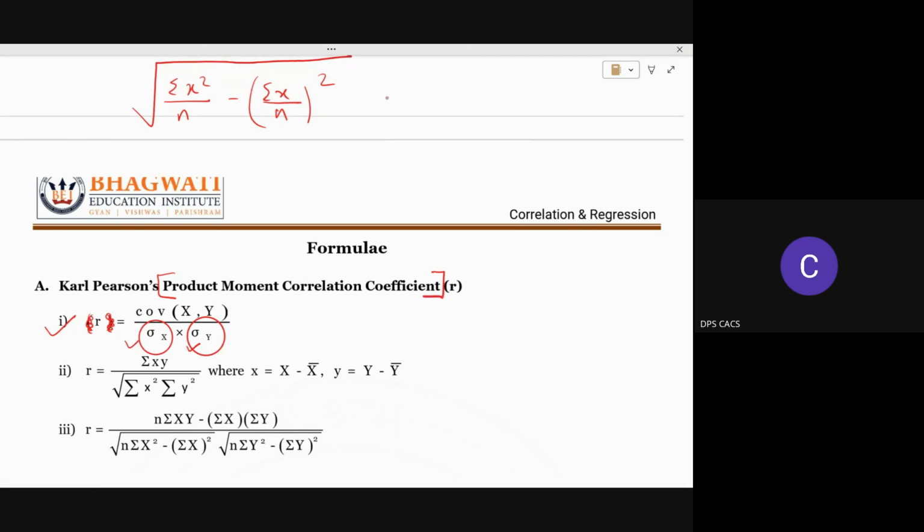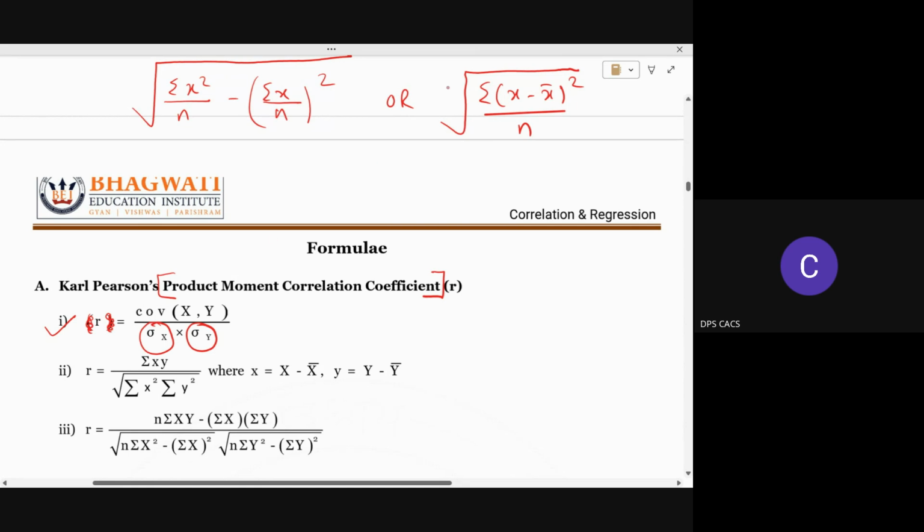Okay, and what was the other formula? Formula number 1 of my book, divided by n and root. This one. So we rarely use the second one, which was actually the first one in the book. Now, for this r formula, I will find this and I will find this, with the help of any of the formulas given above.